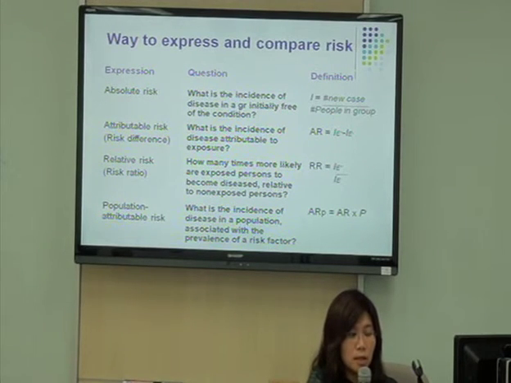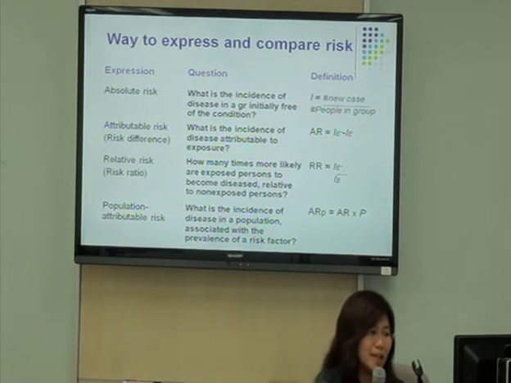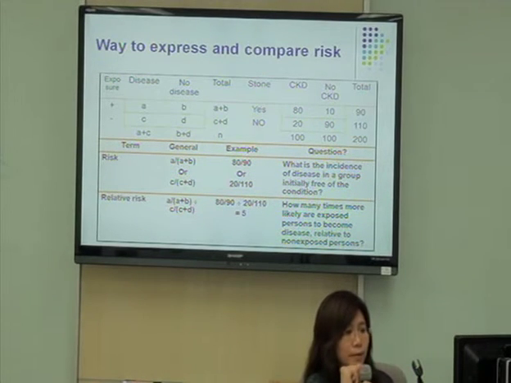So this is the formula. Population attributable risk equals attributable risk multiplied by the prevalence of what? Exposure. Very good. And this just shows you how to calculate.